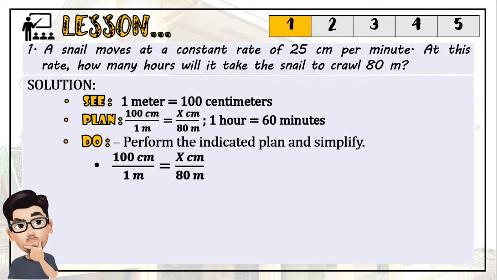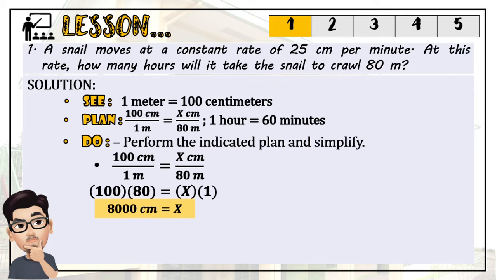So 100 divided by 1 equals x divided by 80. So we will cross multiply, and then we will arrive at 100 times 80 equals x times 1. I already removed the units, so that's how it looks. So we will lead to x equals 8,000 centimeters.